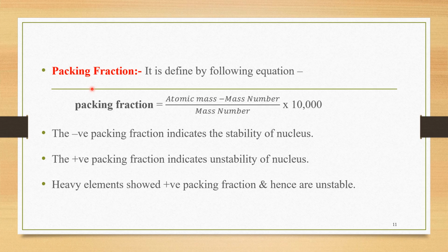The third one is the neutron-proton ratio, and the fourth one is the binding energy and average binding energy. This is a very important topic in order to consider the stability of the nuclei. Within a very short time span, we focused on the important aspects of all these four factors. I hope you understand these four different parameters which affect the stability of the nuclei.